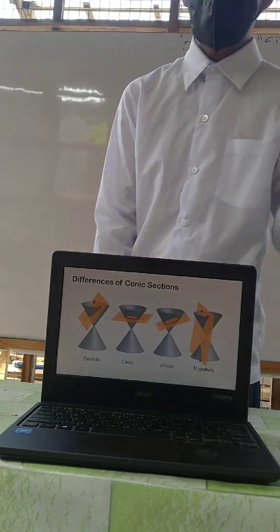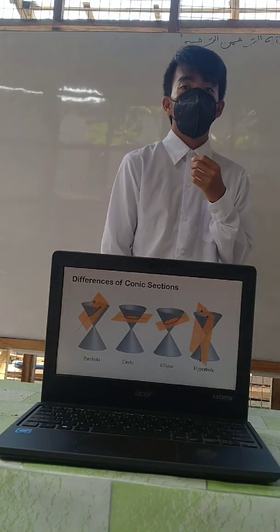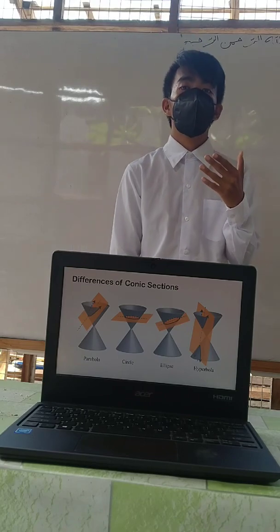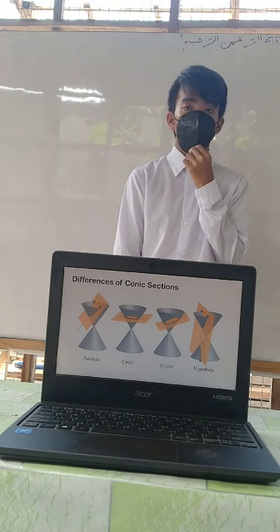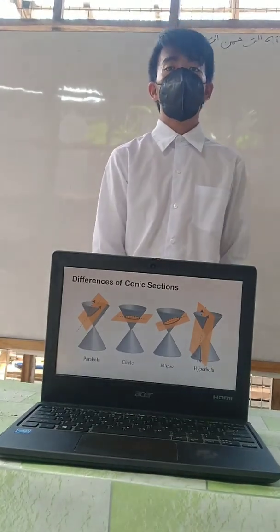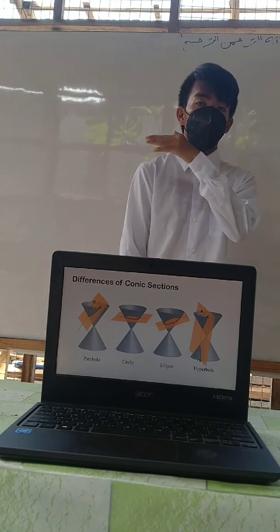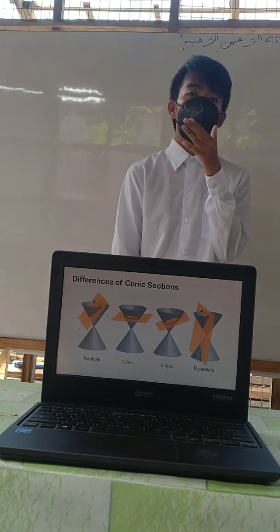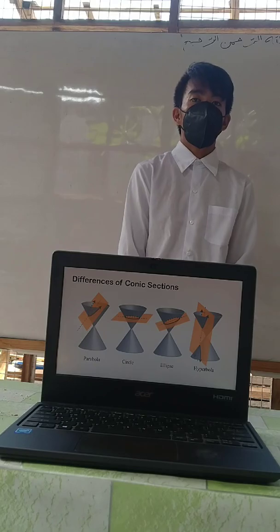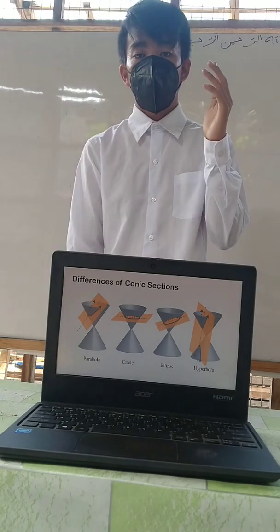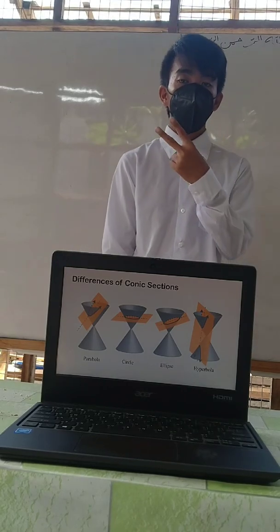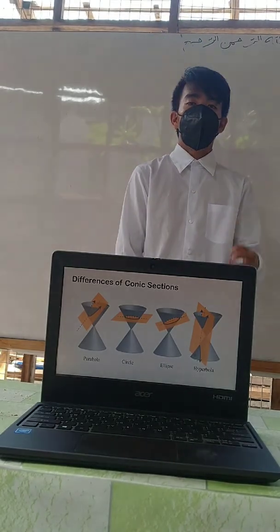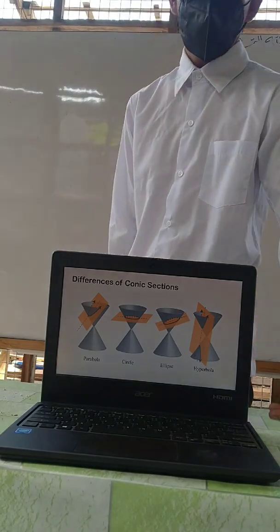And the hyperbola is formed when the plane intersects, not necessarily vertical, and it intersects the two cones, and it also forms two unbounded curves.